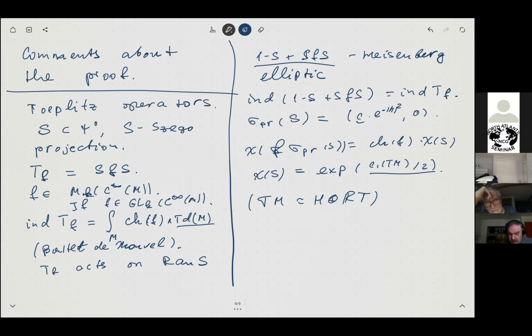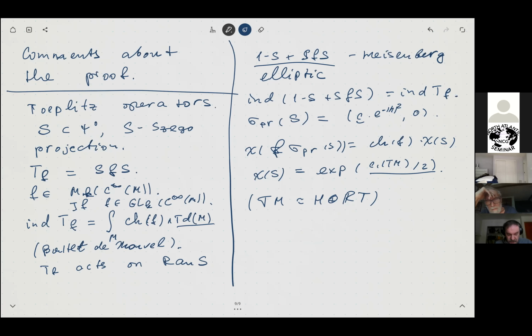So with this choice, H becomes an almost complex vector bundle. So one can define the Todd class and first Chern class using this almost complex structure on TM.